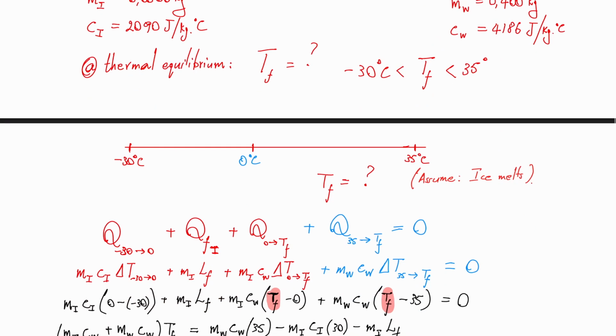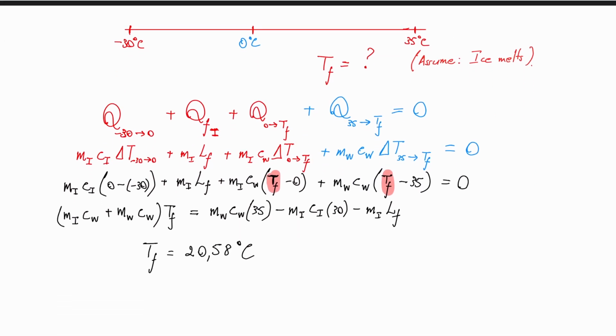So a very reasonable assumption could be that the final temperature will be to the right. In other words, the ice is going to go from minus 30, get to 0, and then melt and then increase its temperature, but now as water. So we can take this assumption that the final temperature is going to be somewhere in this region.